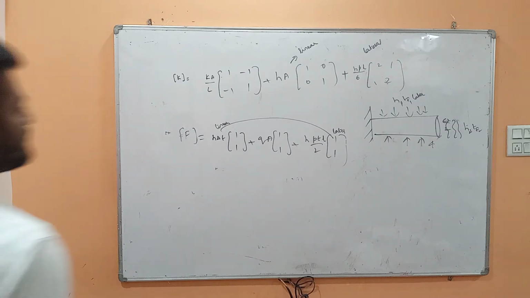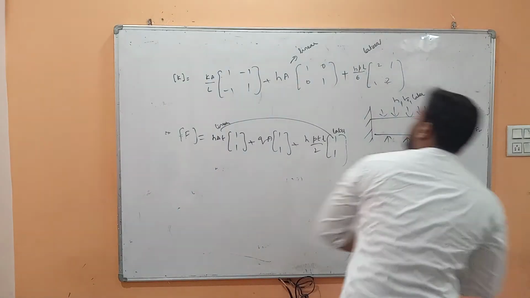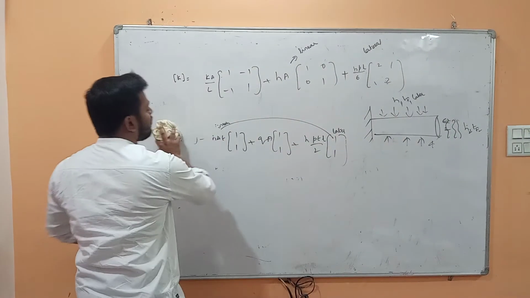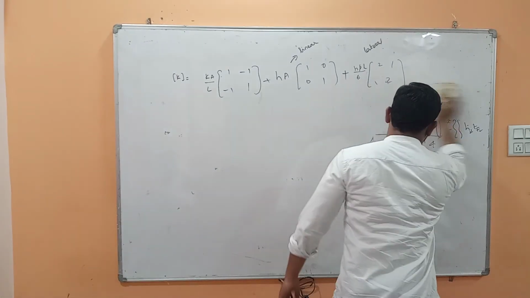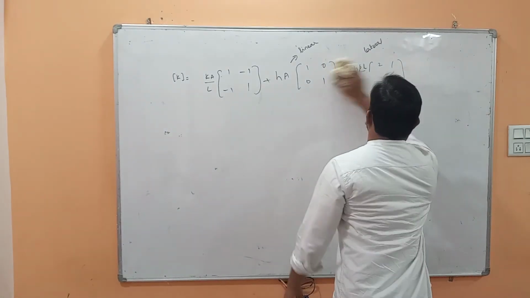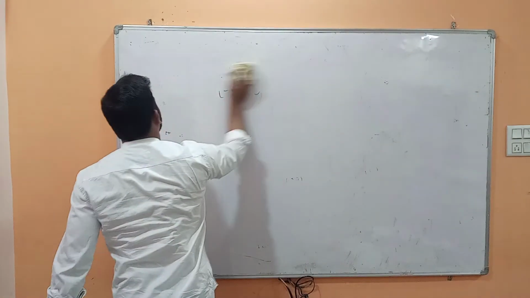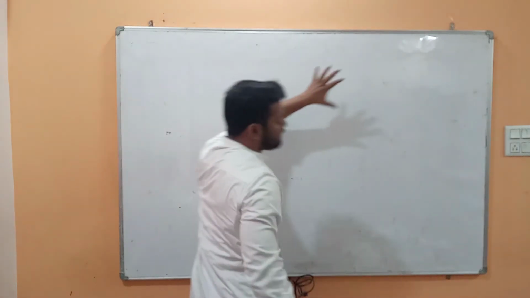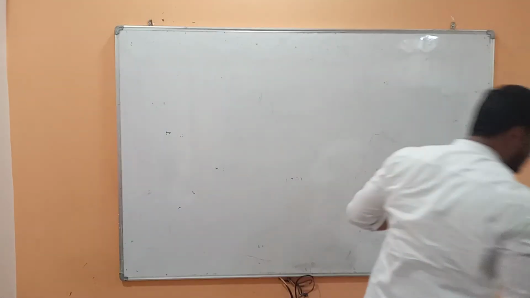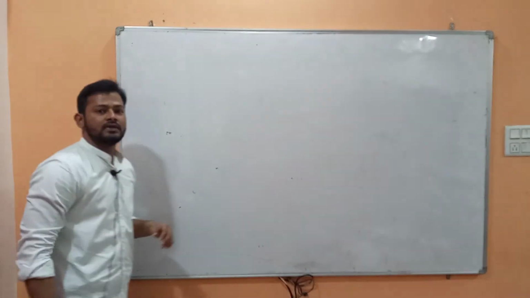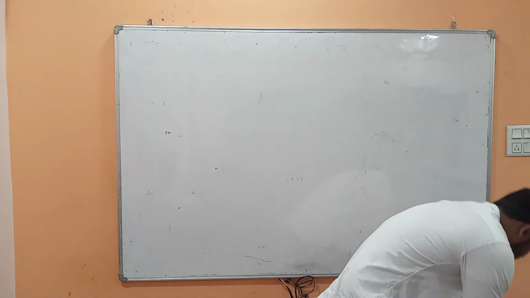I am going to solve it from the previous paper so that it builds your confidence. So just add one more formula in the list of your formulas, which is the matrix K if H is given in the lateral direction. So I am taking the first question.